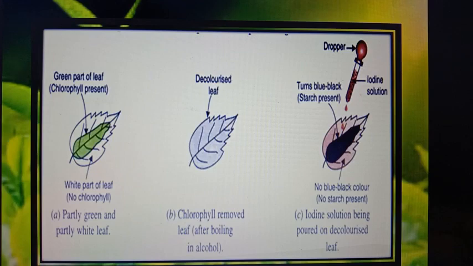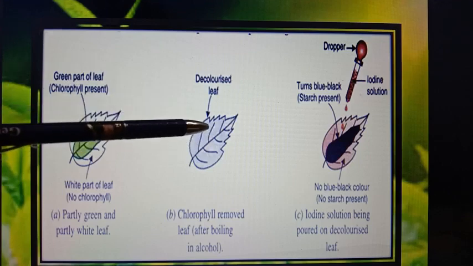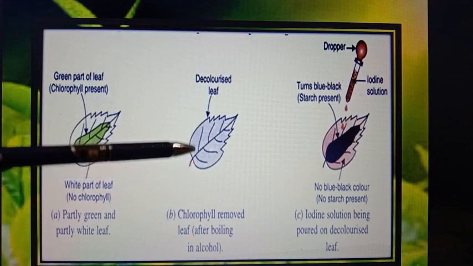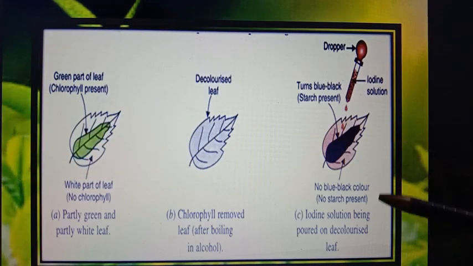Because after decolorization, you can't see the white and green parts separately. So that's why on a paper you have to trace the green and white parts of the leaf. After that, you have to decolorize the leaf by boiling in alcohol. For that, chlorophyll is removed.